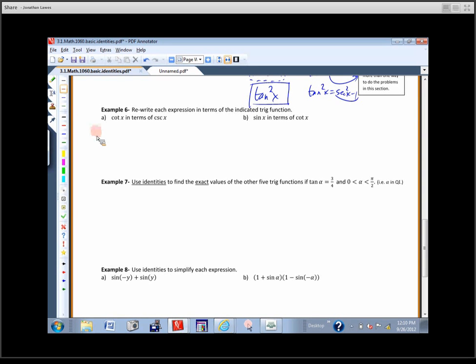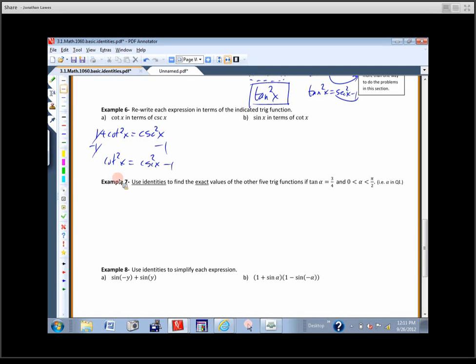So, that is 1 plus cotangent squared of x equals cosecant squared of x. That's the starting point. And I want to write cotangent in terms of cosecant. So in other words, take this and solve it for cotangent. Get cotangent all by itself. So I'm going to move the 1. Cotangent squared of x equals cosecant squared of x minus 1.